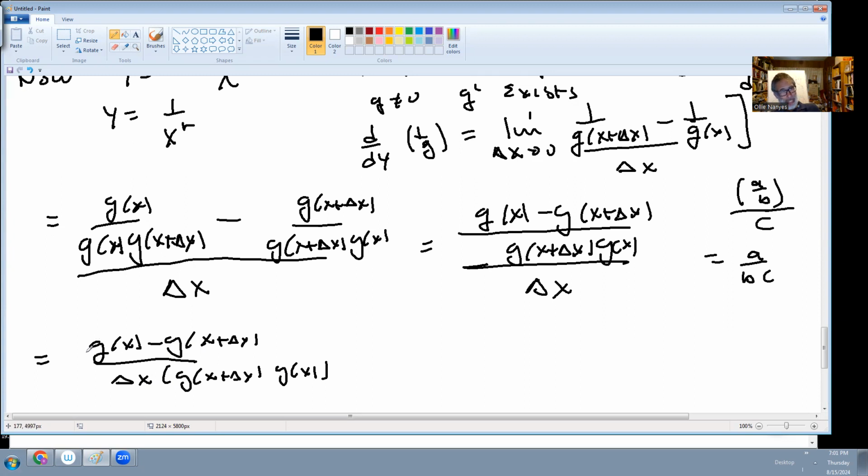Now notice this thing here, g of x minus that. I want to factor out a negative sign, and you'll see why in a second. And I want to slide this here, and I'm going to treat this as two fractions.